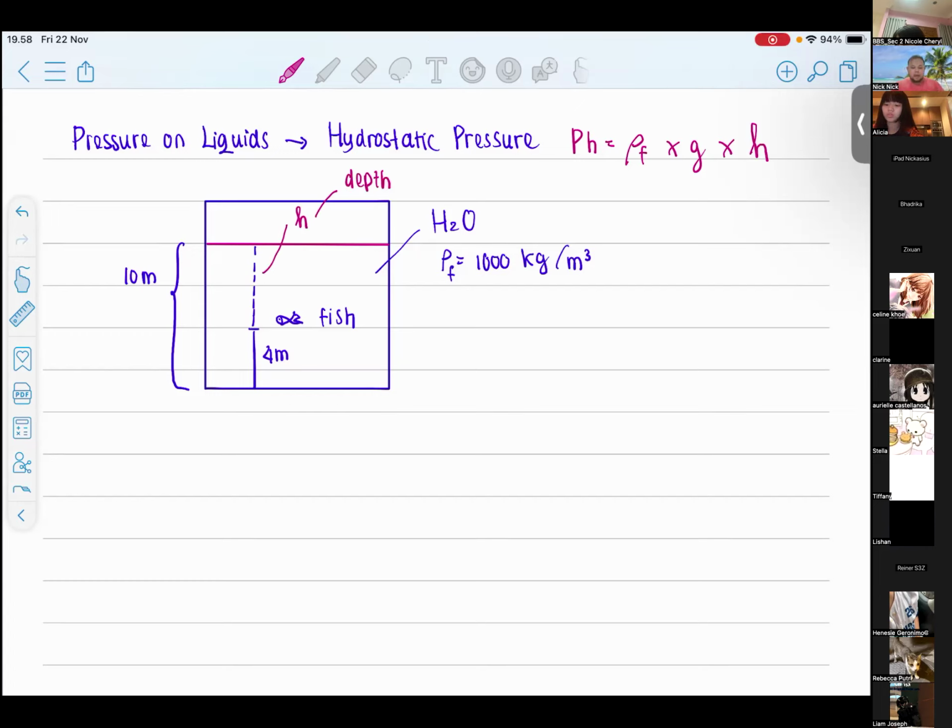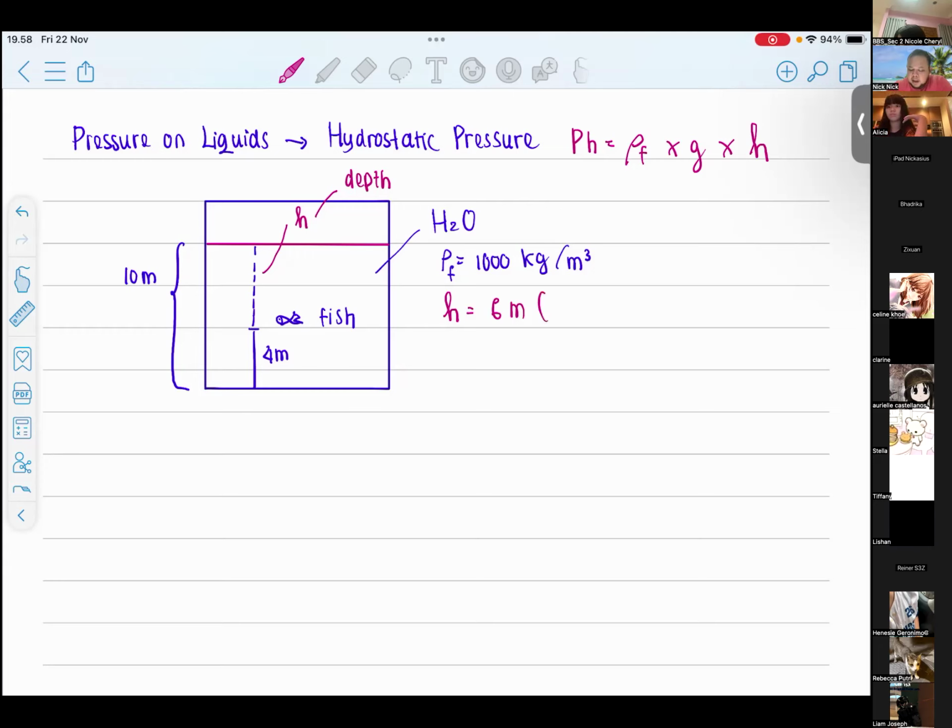Now the question is, the depth is how much? Is the depth 4, students? What do you think? No, the depth, according to this diagram, is 6 meters.